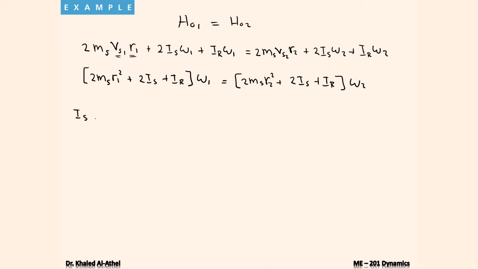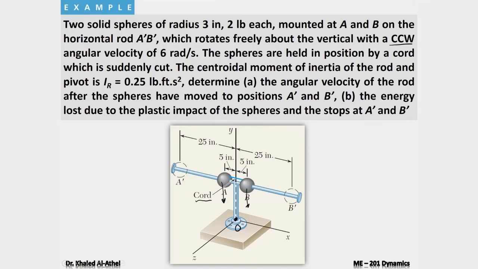Okay. Now let's calculate what I need also. I have IS for the sphere. If you don't know this, it is 2 over 5 M A square. So it's going to be 2 over 5. And I don't have the mass. I have the weight, which is 2 pounds. So it's going to be 2 over 32.2 multiplied by A, which is given to me that the radius is 3 inch of the spheres.